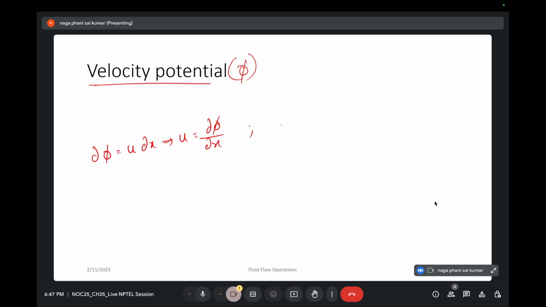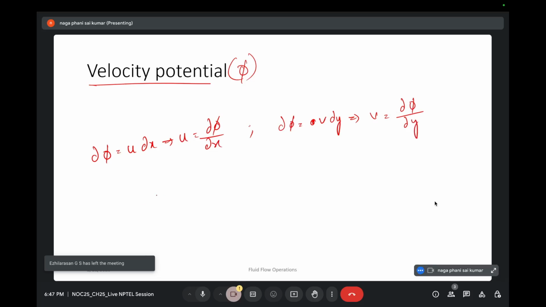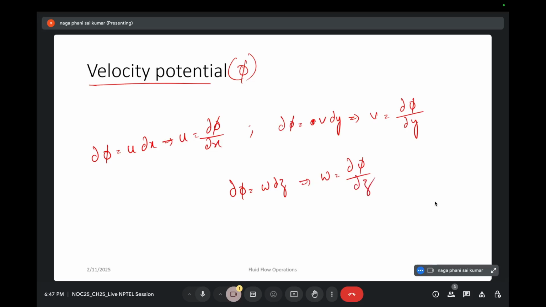As per definition, dou phi will be equal to v into dou y, that is the differential in that direction. So v, the velocity in the y direction, will be equal to the differential of velocity potential divided by dou y. And similarly for the z direction, dou phi will be equal to w into dou z, which gives us w equal to dou phi by dou z. Okay.